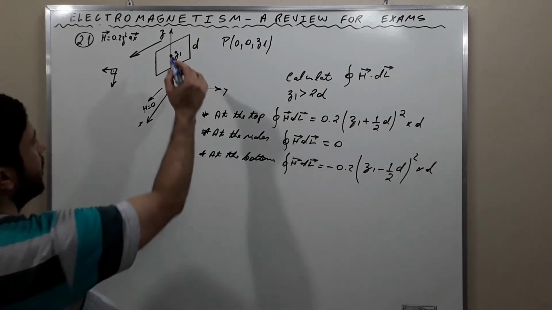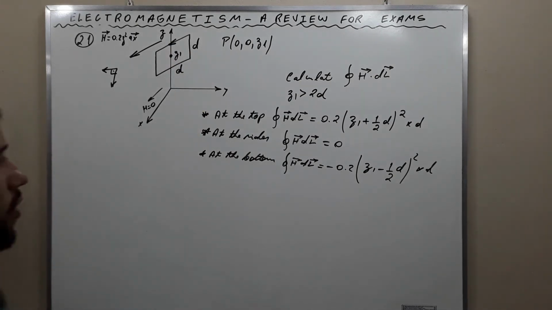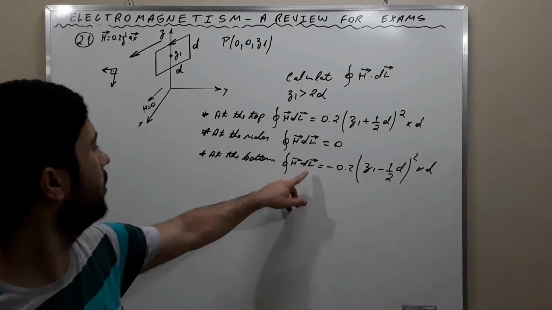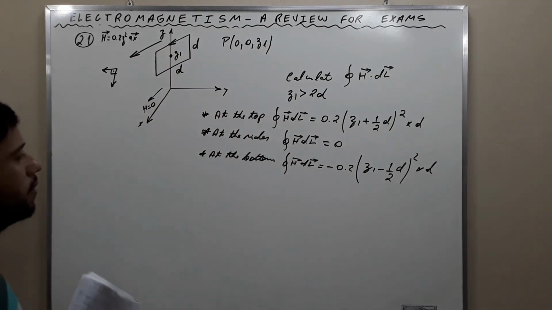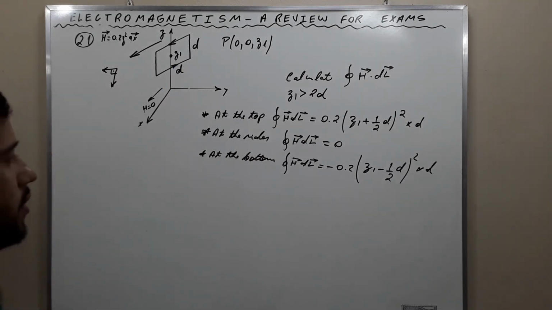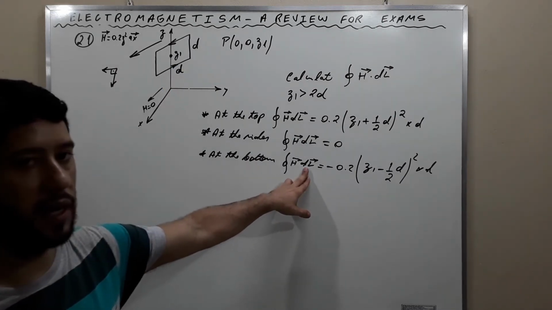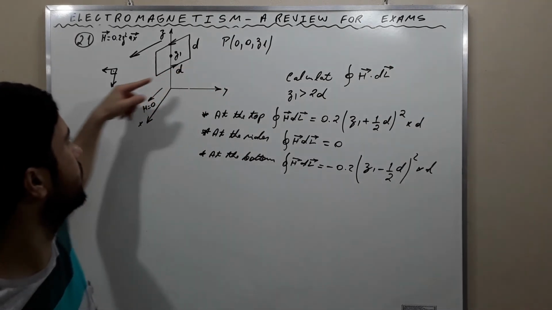Because here at the top, the direction of the differential element is in line with the direction of the field. Here at the bottom, the direction of this line element here, this dl, is in the other direction.